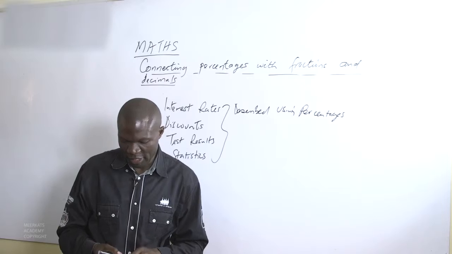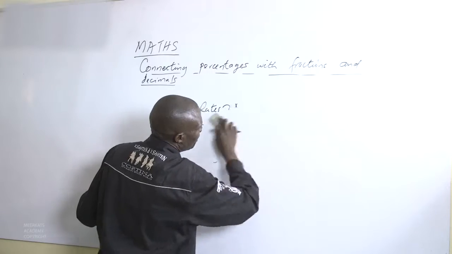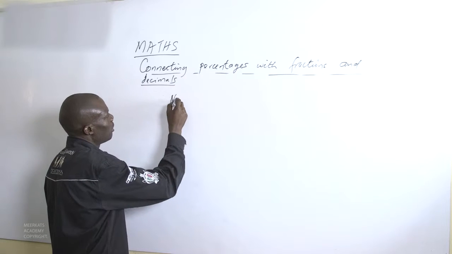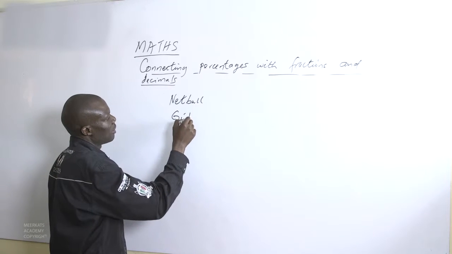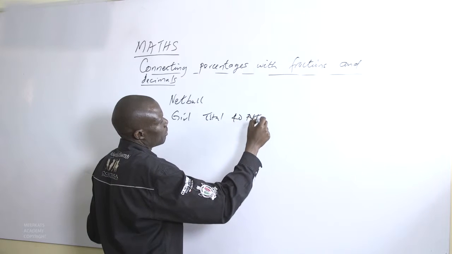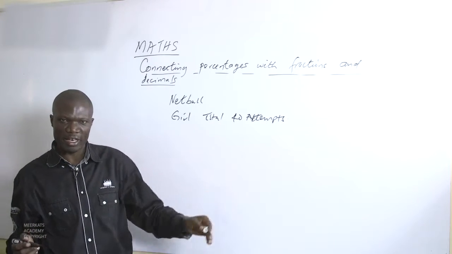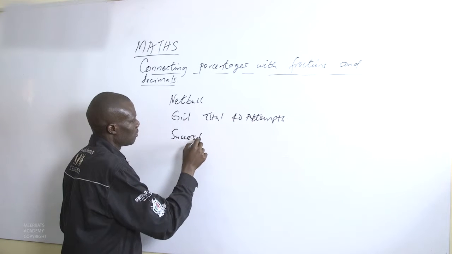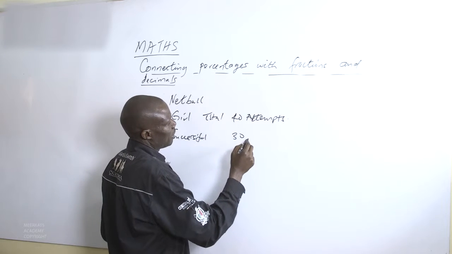Now, I want us to take an example of an experiment done by a netball player on a netball pitch. In netball, we can give a girl a total of 40 attempts to shoot and score, but the successful ones are 30.